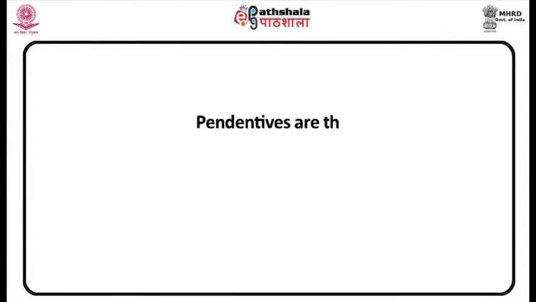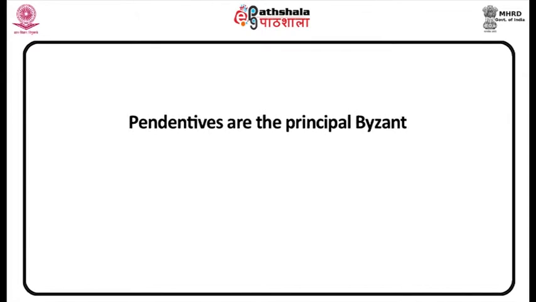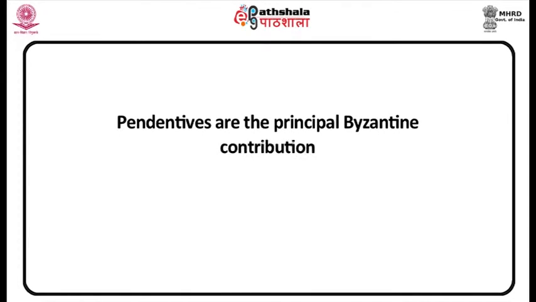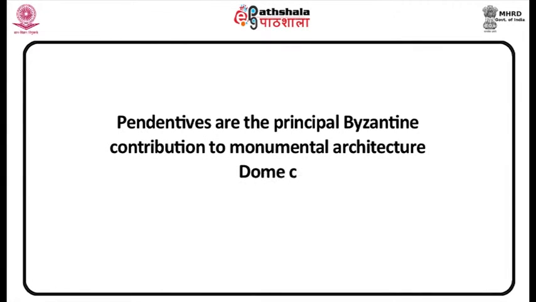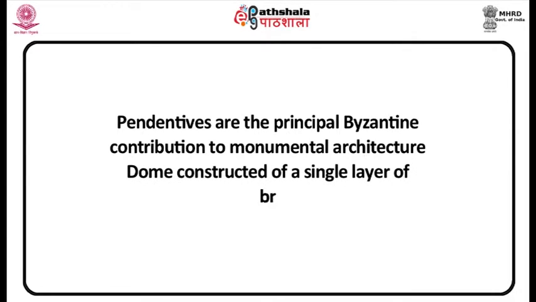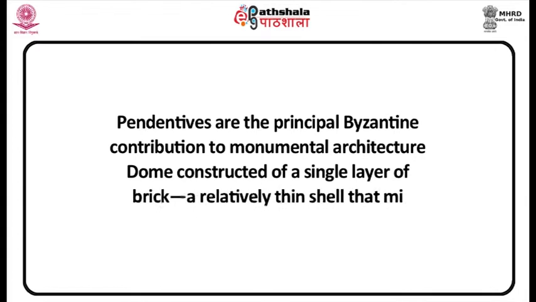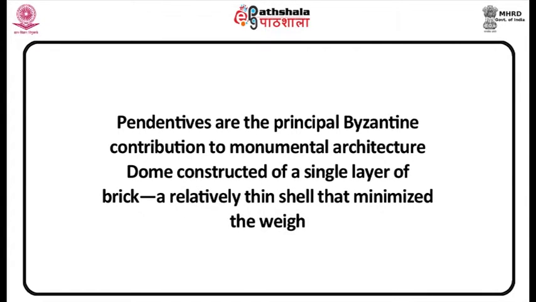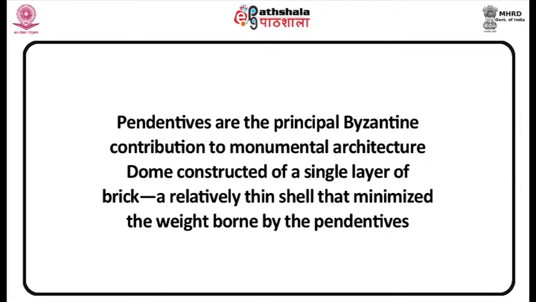Pendentives are the principal Byzantine contribution to monumental architecture, and the central dome of Hagia Sophia is the earliest example of their use on such a grand scale. Hagia Sophia's dome was constructed of a single layer of brick, a relatively thin shell that minimized the weight borne by the pendentives.